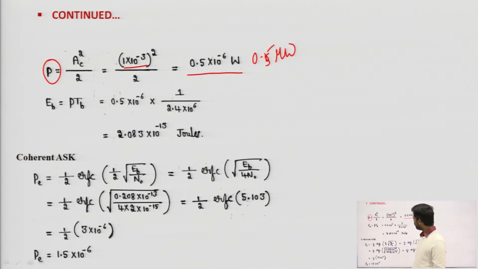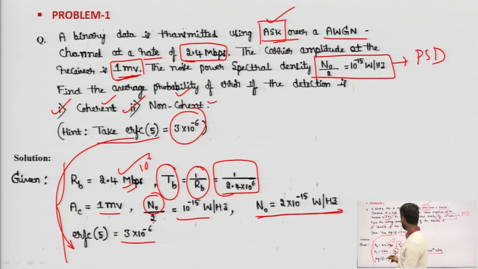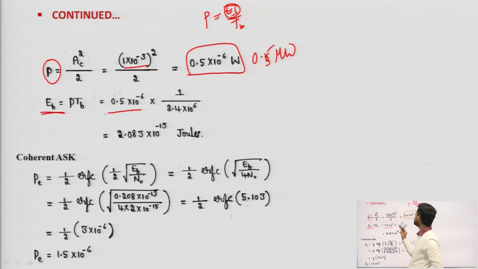I know that bit energy EB is power into TB, that is, power equals EB by TB, so EB equals P times TB, where TB is 1 by RB.